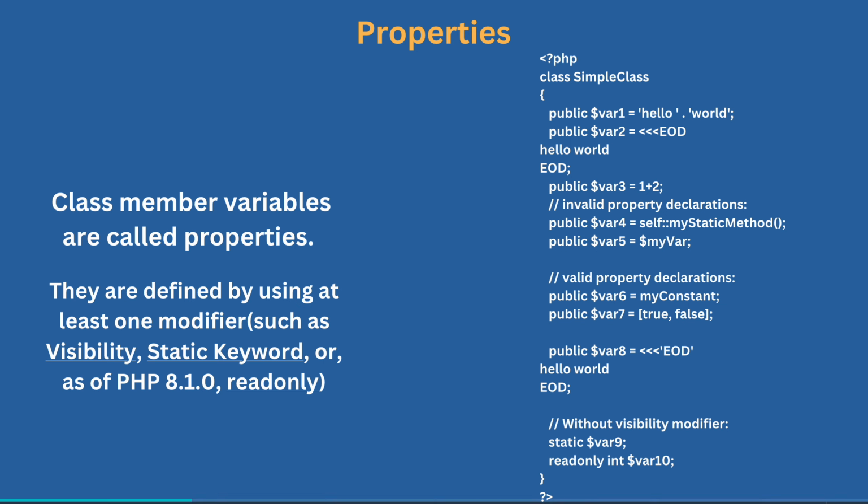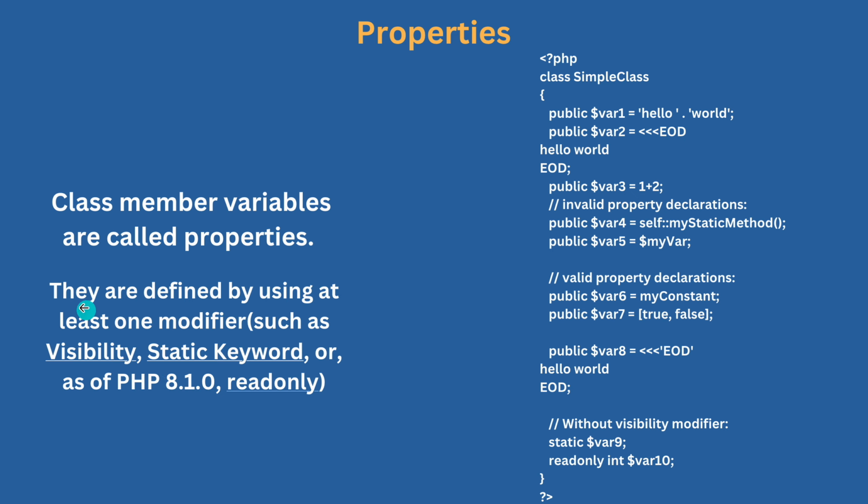So this is the one, static, where 9. There is also the possibility of readonly, int where 10. This readonly came from PHP 8.1. Previously readonly was not there in PHP; it came only in the 8.1 version of PHP.